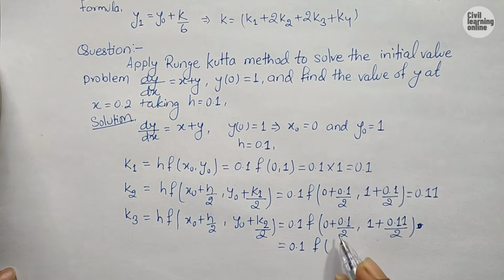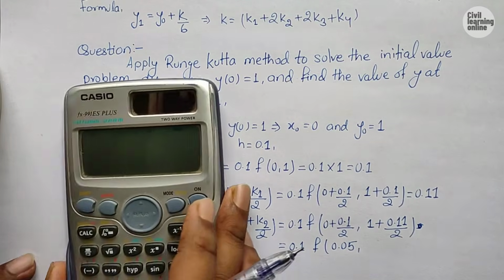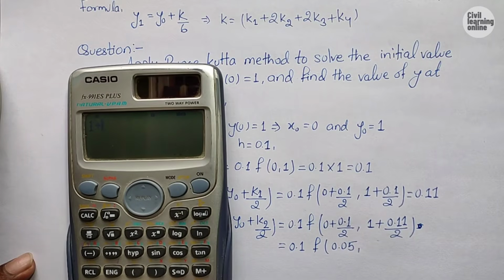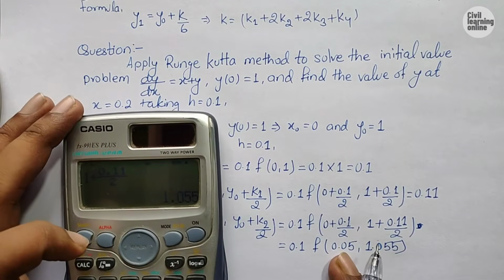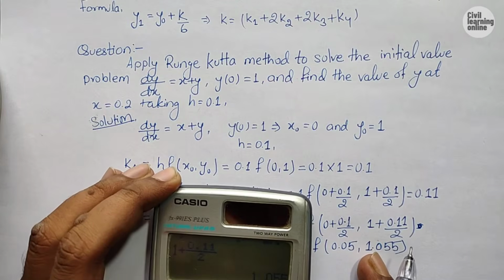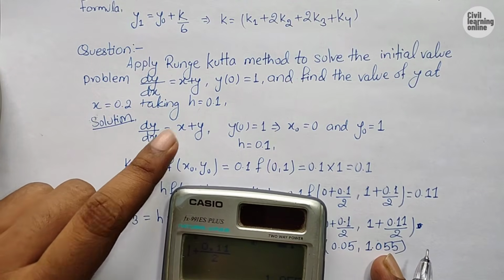0.1 f(0.1 by 2 means 0.05, 1 plus 0.11 by 2). So solve this using calculator. 1 plus 0.11 by 2, from here we will get 1.055. Now put the value of x equals 0.05 and y equals 1.055 in this equation.